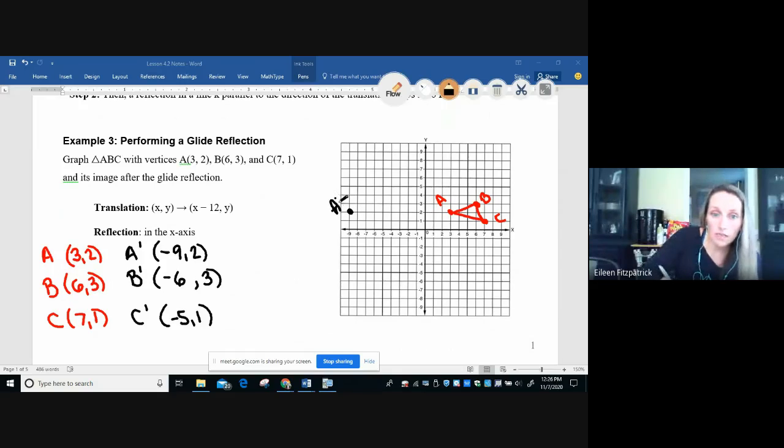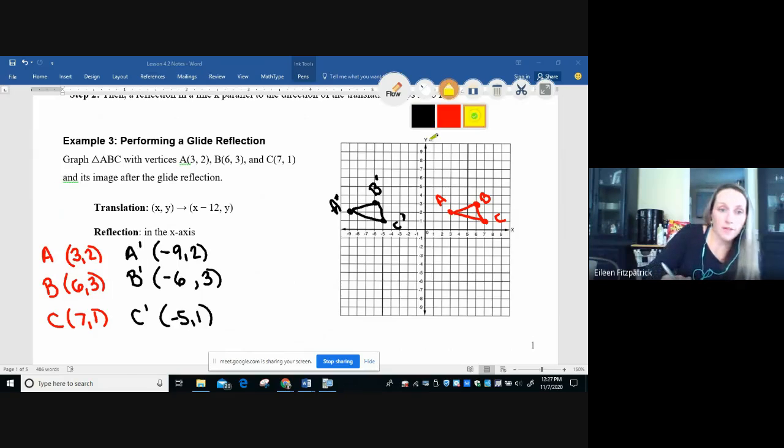There's A prime. Then B prime is -6, 3. That's B prime. C prime is negative 5, 1. There's C prime. All right, and we'll connect them to make our triangle.